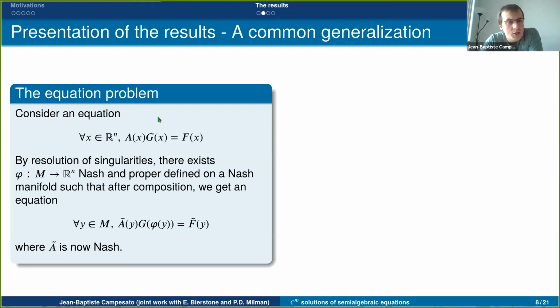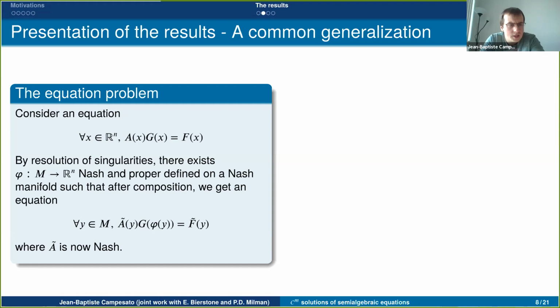We start with an equation of this form: A times G is equal to F. A is a matrix whose entries are semi-algebraic, F is a semi-algebraic vector-valued function, and the unknown is G. By resolution of singularities, there exists phi, a Nash proper mapping.